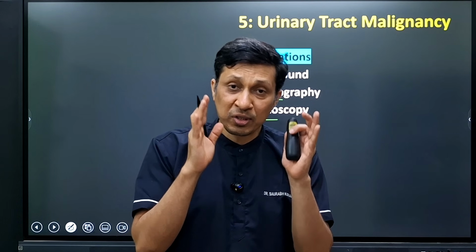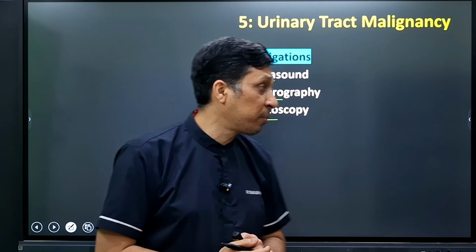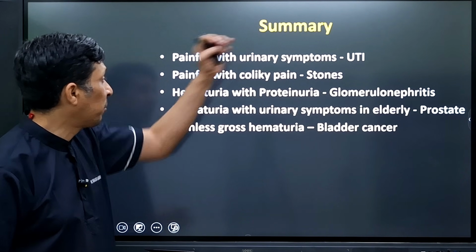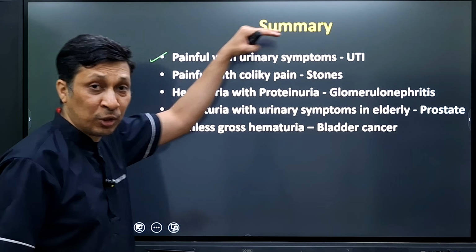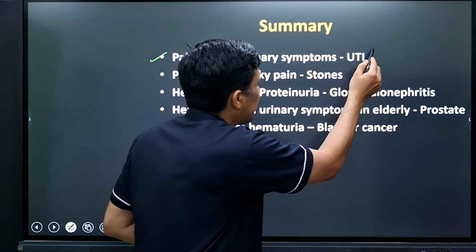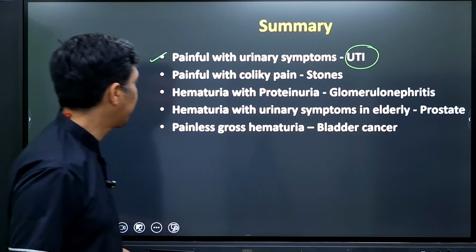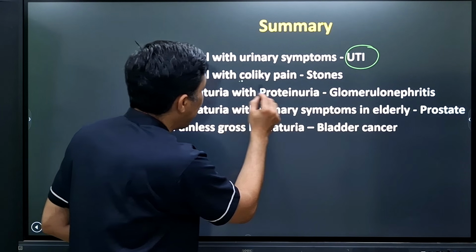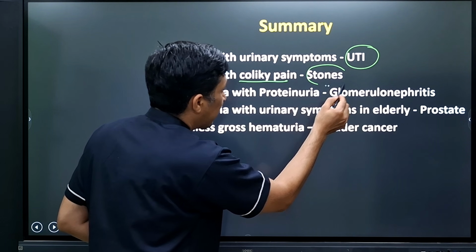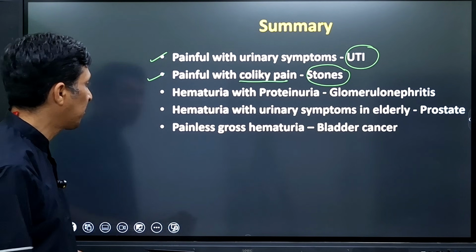So friends, now we have seen the 5 important causes of hematuria. Now in summary, if there is hematuria with painful urinary symptoms, then it is urinary tract infection. If the hematuria is with painful colicky pain, then it is renal stones or ureteric stones.